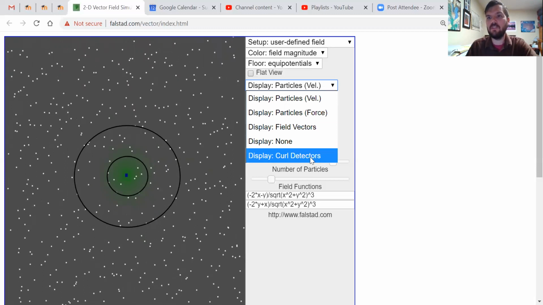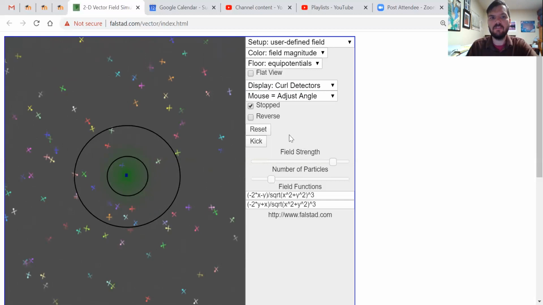One other thing that you can do is look at some curl detectors. And this will give you, instead of dots, little X's with a knob on one end that you can think of as a floating pair of sticks, and you want to see if they're rotated in space.